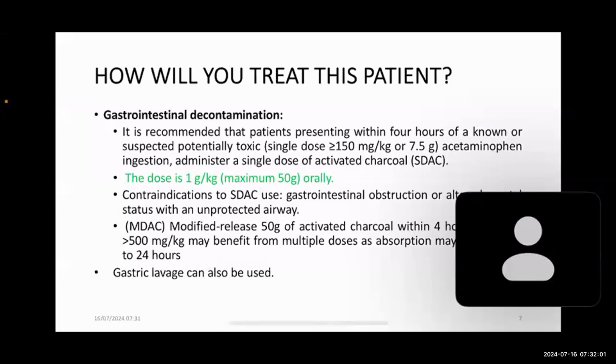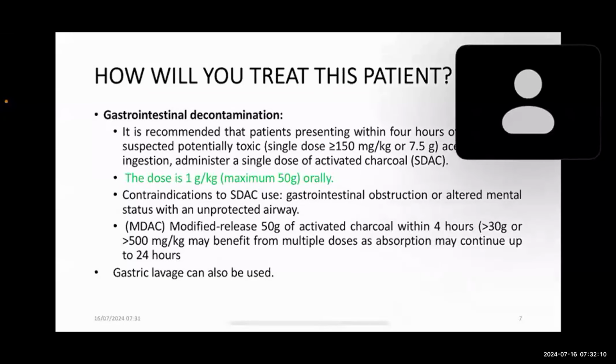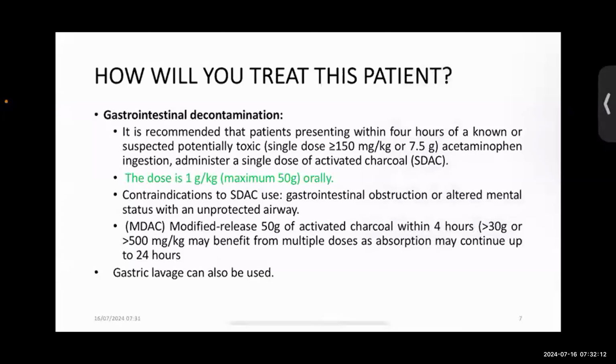As an adult, you give 50 grams to start orally, or you can use 1 gram per kg in terms of weight. So this is using the single dose of activated charcoal. You can also use multi-dose activated charcoal, where you can give 50 grams within 4 hours for those who have taken greater than 30 grams, or greater than 500 milligrams per kg.